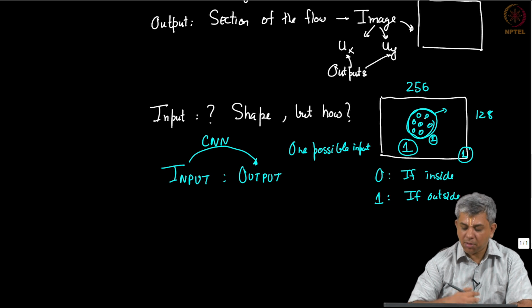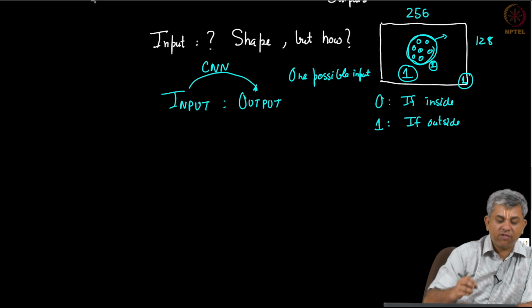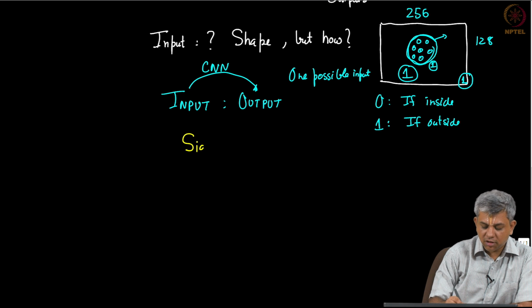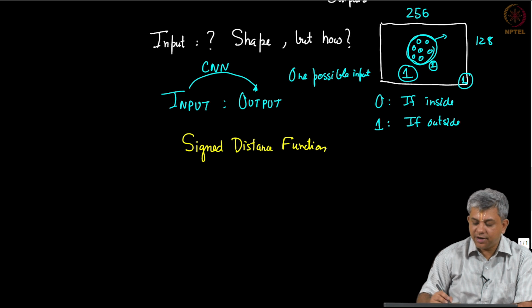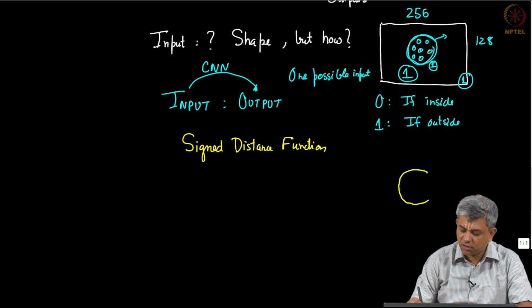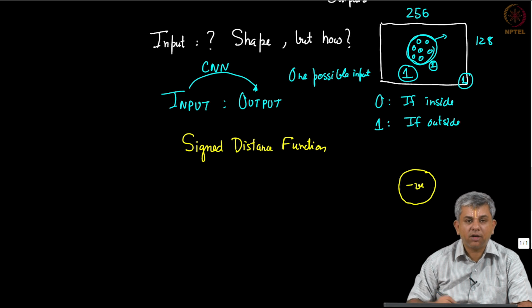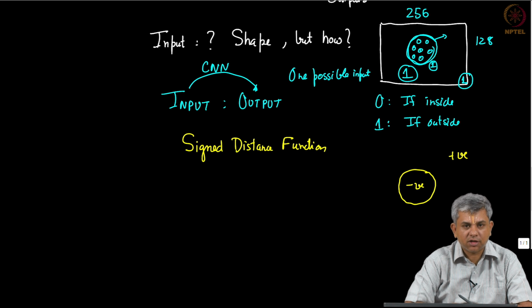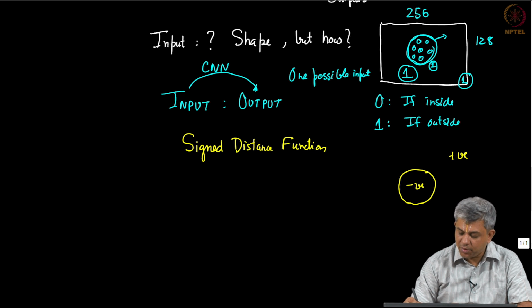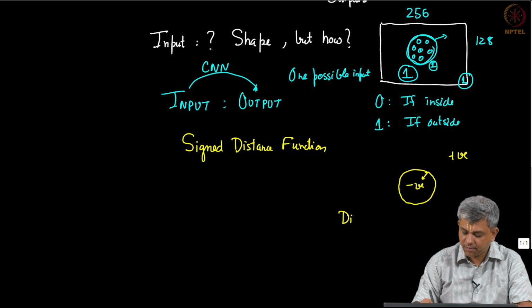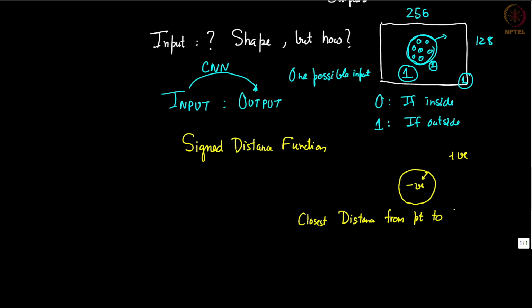So, these people actually came up with a slightly modified idea, it is an intelligent idea, it is called a signed distance function. Okay. What is a signed distance function? It works as follows: inside the body it will be negative, outside the body it will be positive, and the value will be the closest distance from the point to the body.